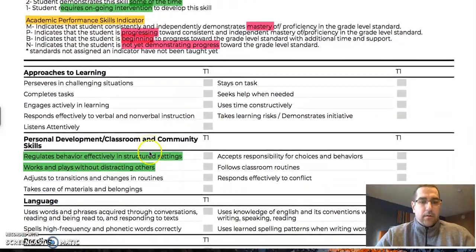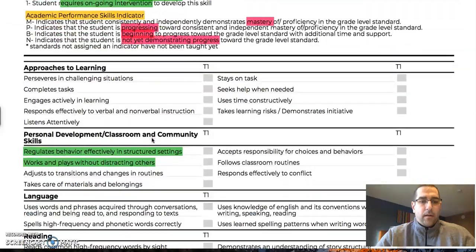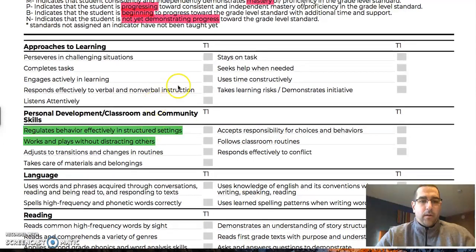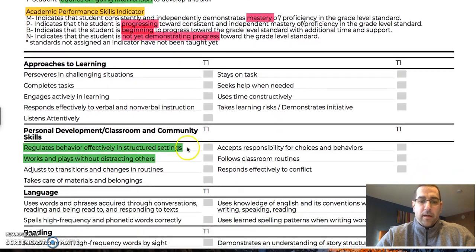And you'll notice when you look at the report card, this is a second grade report card. The first portion of the report card will include, in this case for the second grade, the approaches to learning, personal development, and classroom community skills. We'll be using the pro-social approaches and learning indicators, and that'll be evident when you look at it when it's actually scored which rubric.